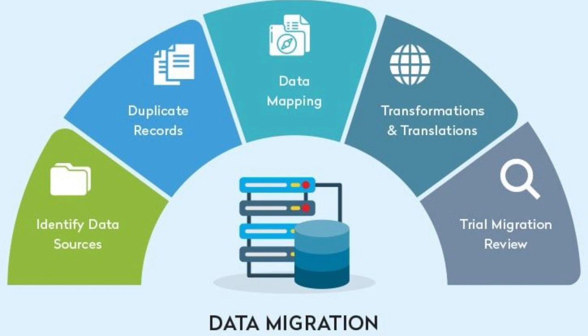First one is a thorough assessment. Friends, the corporation conducted a comprehensive assessment of the existing infrastructure, like the services, the workload on the servers and dependencies, to identify critical systems and potential challenges. Then incremental migration: adopted an incremental migration approach, starting with non-critical workloads and gradually moving to mission-critical systems to minimize disruption.